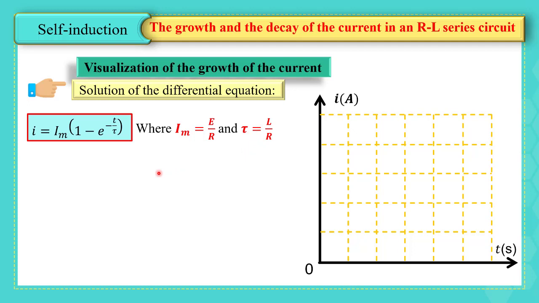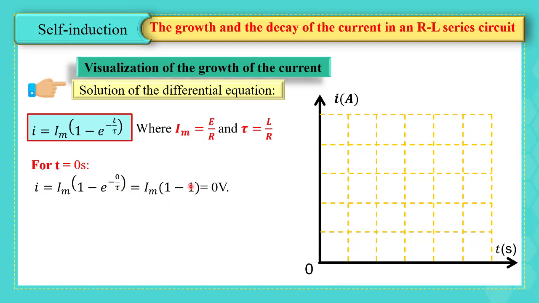Tau is called the time constant, and it represents the time needed by the current to reach 63% of its maximum value. Now, in order to verify the shape of the curve, let's take some particular values. For t equals 0, we have i equals I maximum times (1 minus exponential to the power minus 0 over tau).